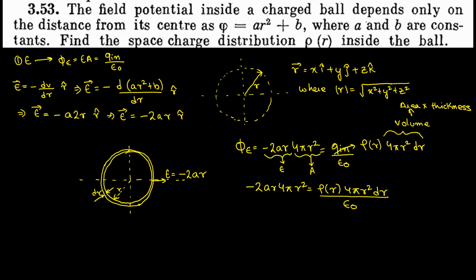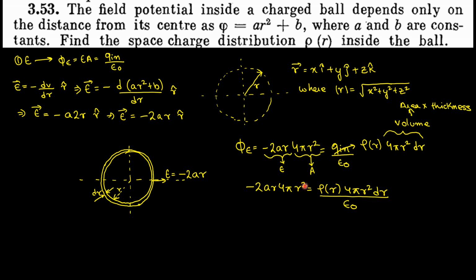Now I cannot simply manipulate the r square or r out here. First I have to take care of this dr, because rho r dr means this density is a function of r.